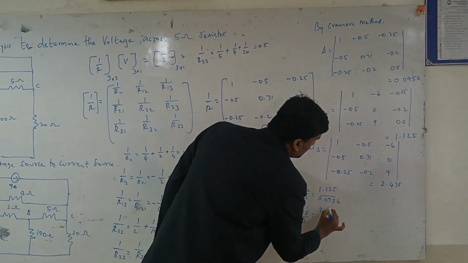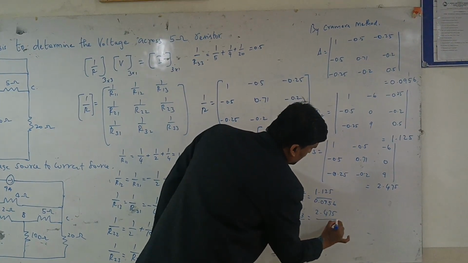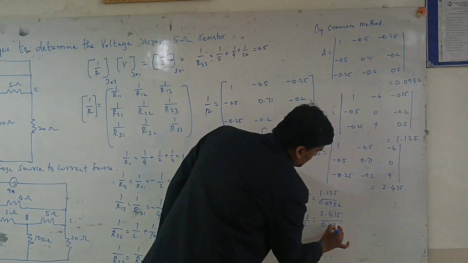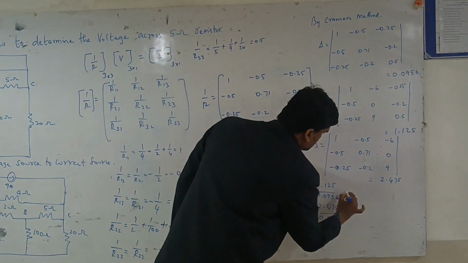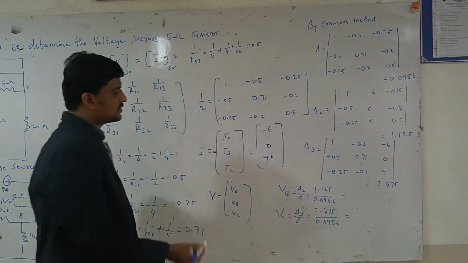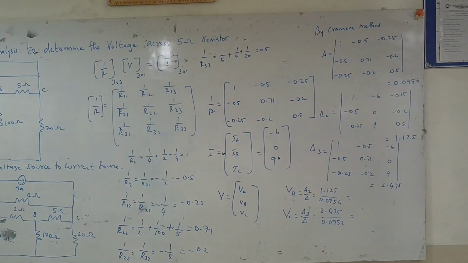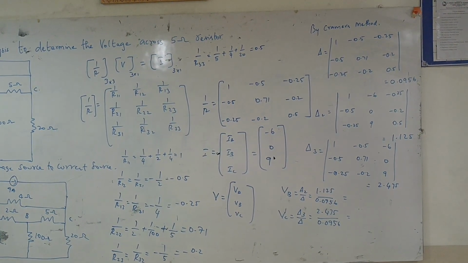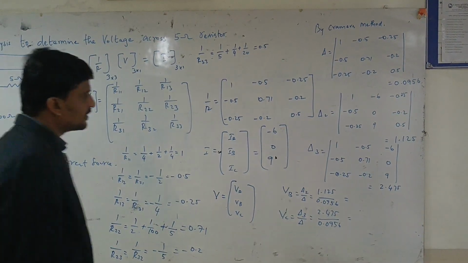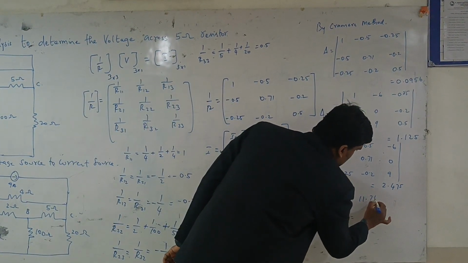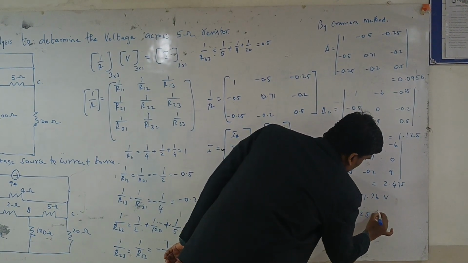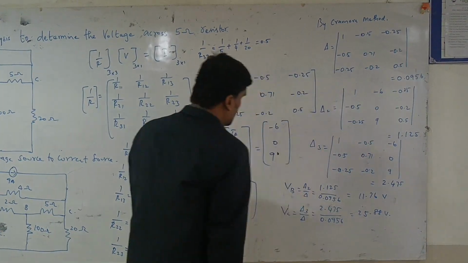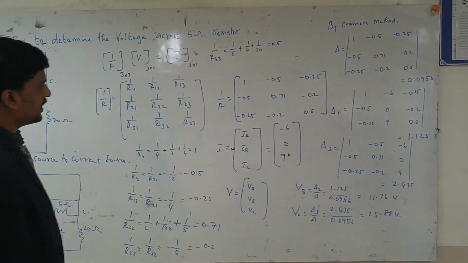It is 2.475 divided by 0.0956. On solving this, we are getting the value for VB as 11.76 and VC as 25.88.